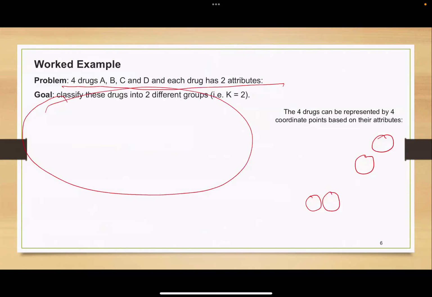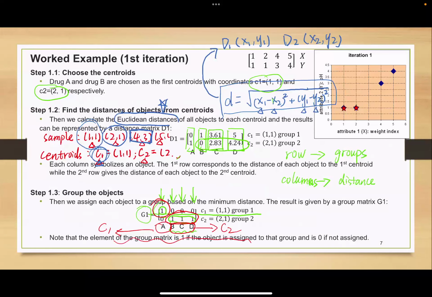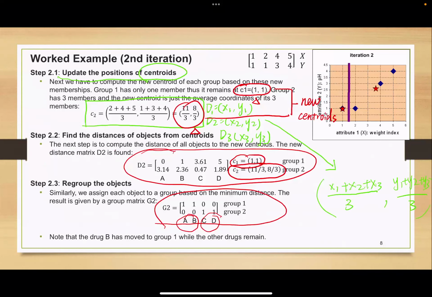And then if we look back at the condition for doing iteration of the clustering, it is if any object moves between groups. So it means we will keep doing this process until none of the objects move between groups, move to a new group.